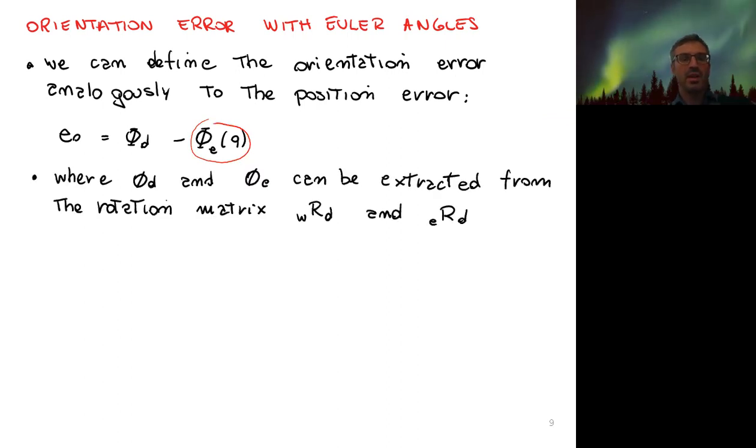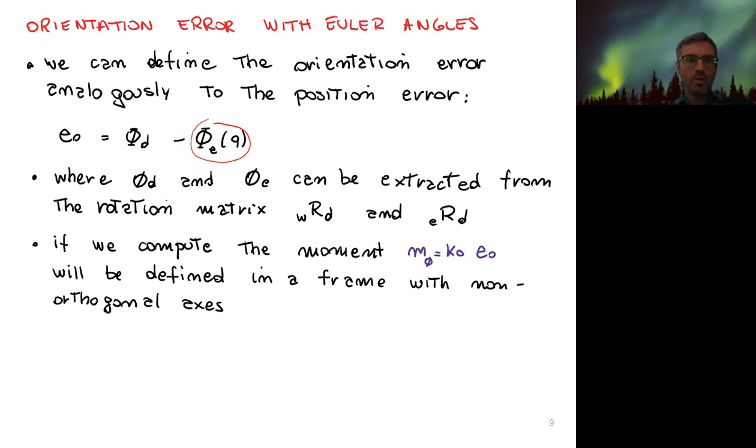And to get phi d and phi e, you can extract them from the rotation matrices WRD and ERD. You remember we had the formula with the atan2 expression.